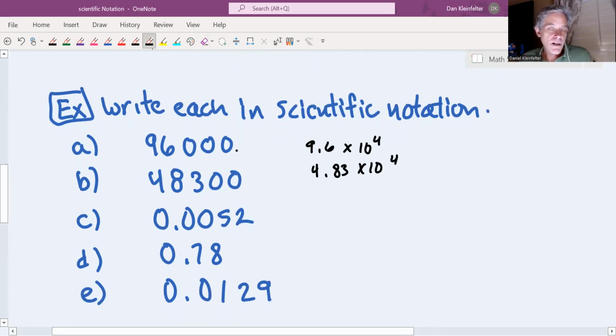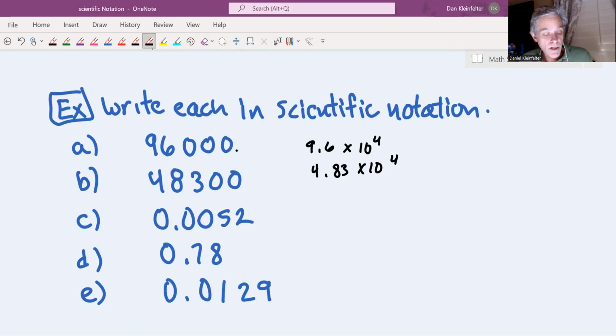Okay, 0.0052, this time we're going to be moving the decimal point to the right by 1, 2, 3 places to make it look like 5.2. We're going to make it times 10 raised to the negative 3 power. Notice on this number we have a negative exponent, and that's because when we put this into scientific notation, we had to multiply by 1,000.